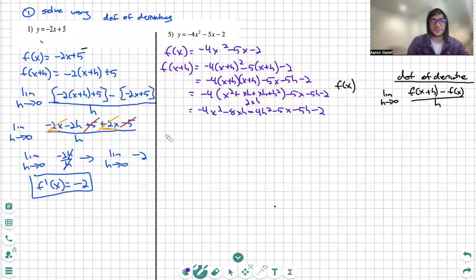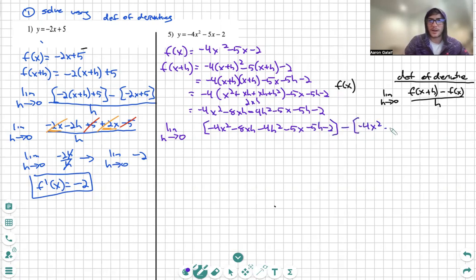Okay, now the derivative definition. Limit as h approaches 0 of whatever. Negative 4x squared minus 8xh minus 4h squared minus 5x minus 5h minus 2. Woohoo! All right, minus f of x, negative 4x squared minus 5x minus 2, all over, we're going to need a straight line for that one, all over h.